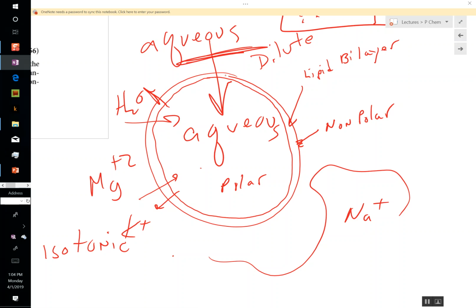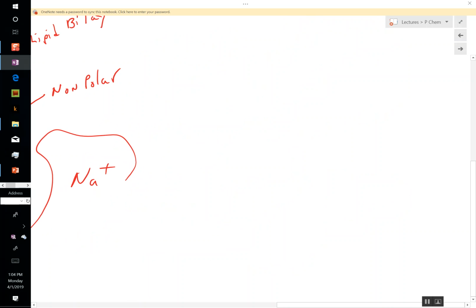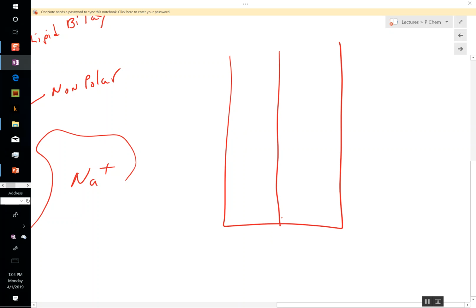So if we get back to the laboratory situation, we don't have a cell, but here we have our semi-permeable membrane, and here we have, well, let's start out lower. We have stuff over here, and we have just water over here.